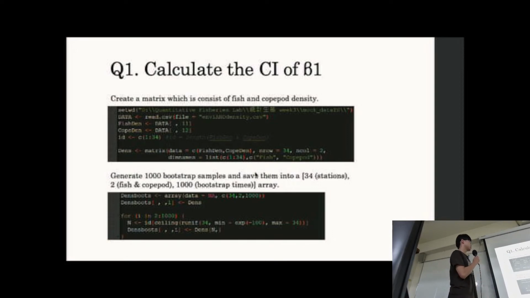I extract the fish density and copper density from the raw data file, the Excel file, and put them together into a matrix and generate 1,000 bootstrap samples and save these 1,000 samples into an empty array like this.